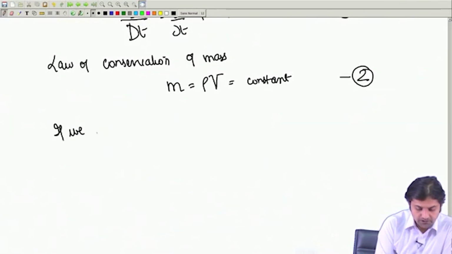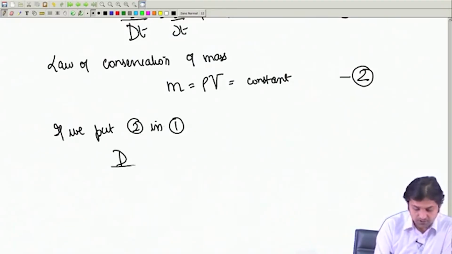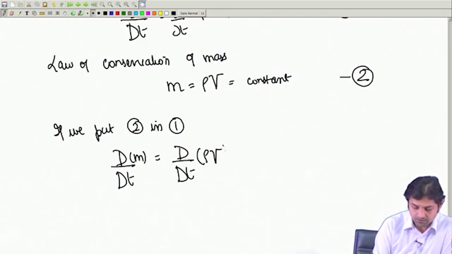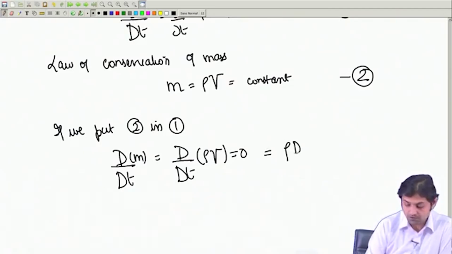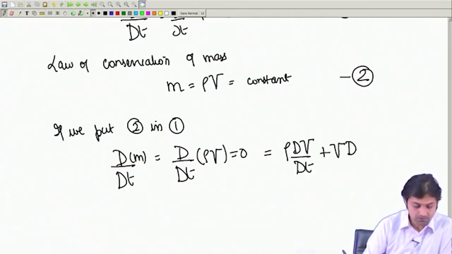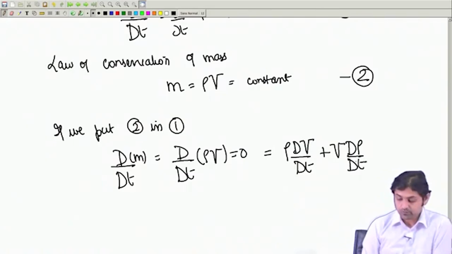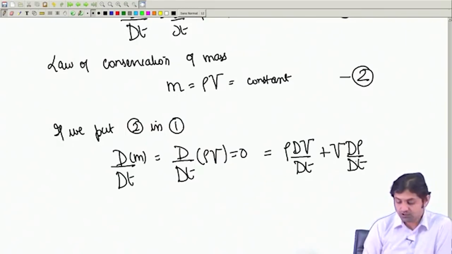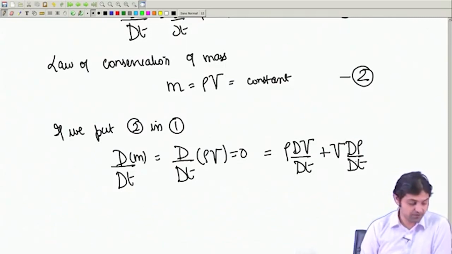So if we put equation number 2 in equation number 1, this becomes dm/dt is equal to 0, and by the chain rule, rho dV/dt plus V d rho/dt. Now you see there are two terms on the right hand side, rho dV/dt plus V d rho/dt, where V is the volume.